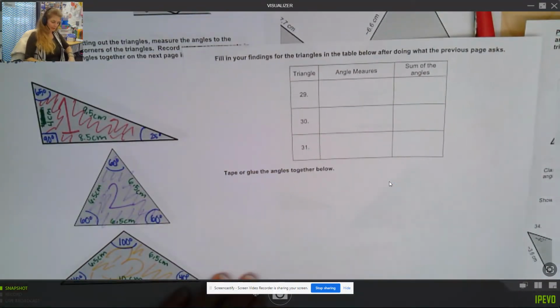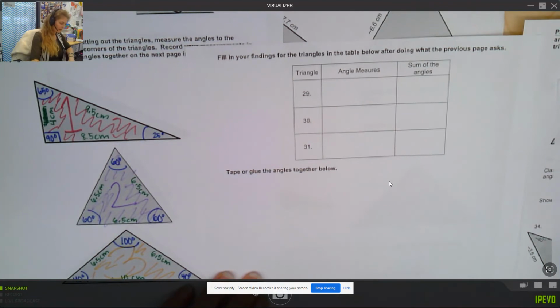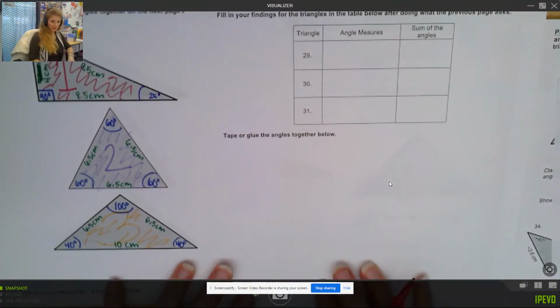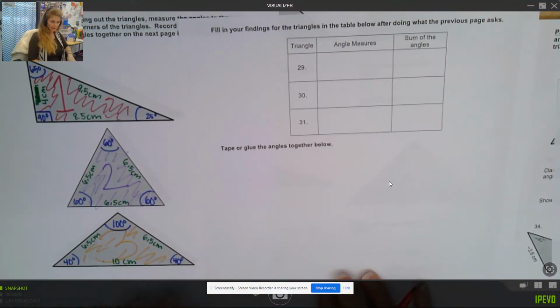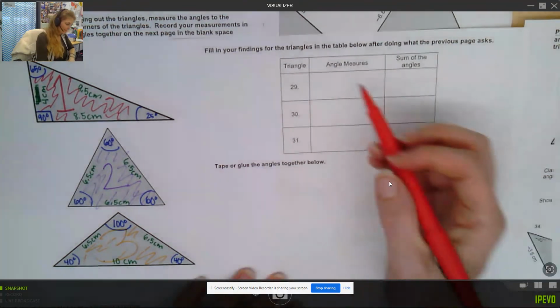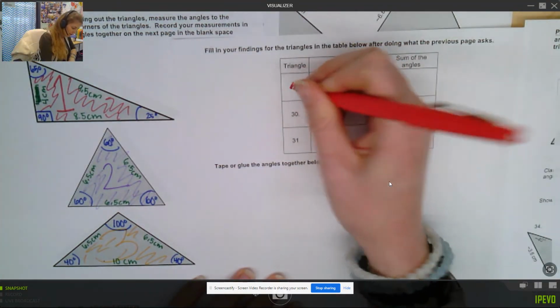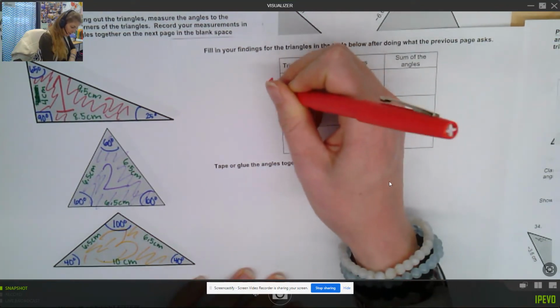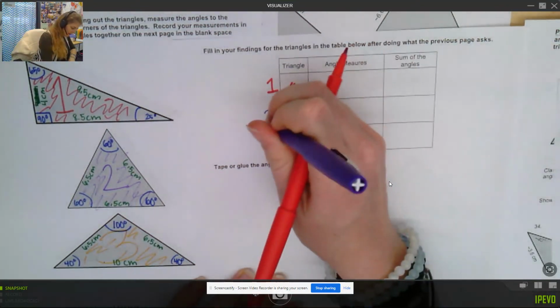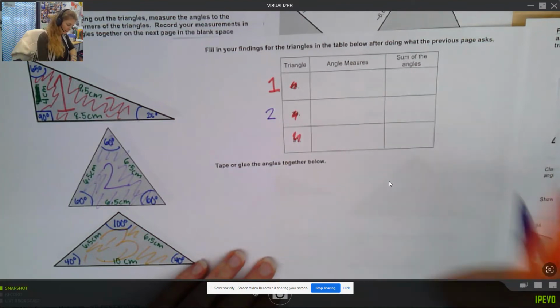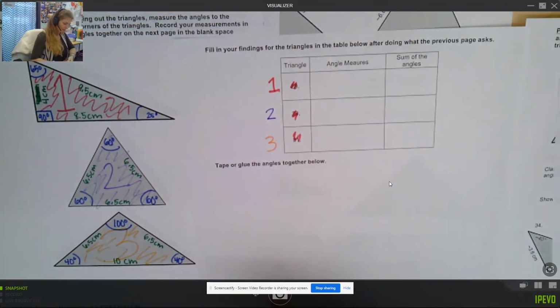So here's our table on the next page. And you can look at my triangles to fill this in if that's easier for you. I guess we should probably call these triangle 1, 2, and 3. I don't know why it says 29, 30, and 31.